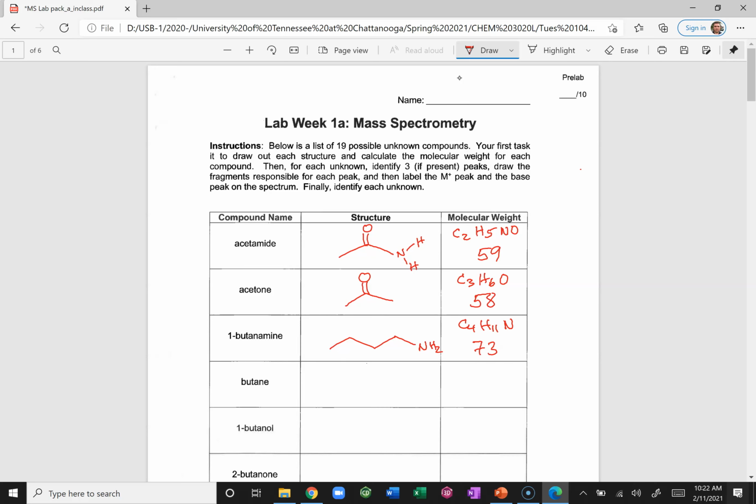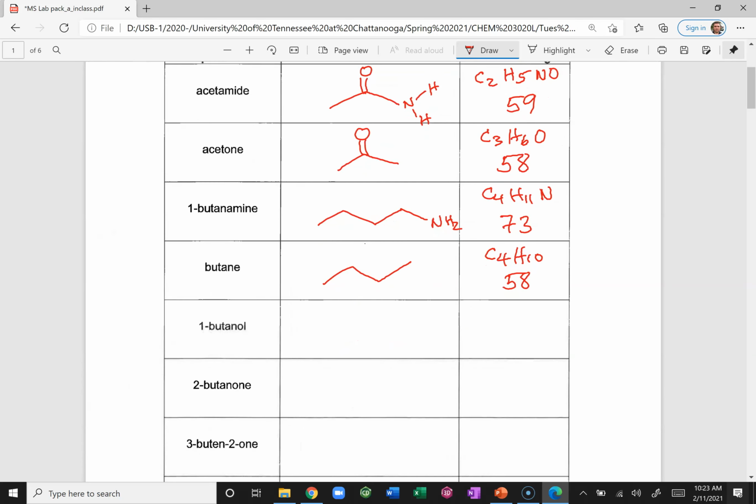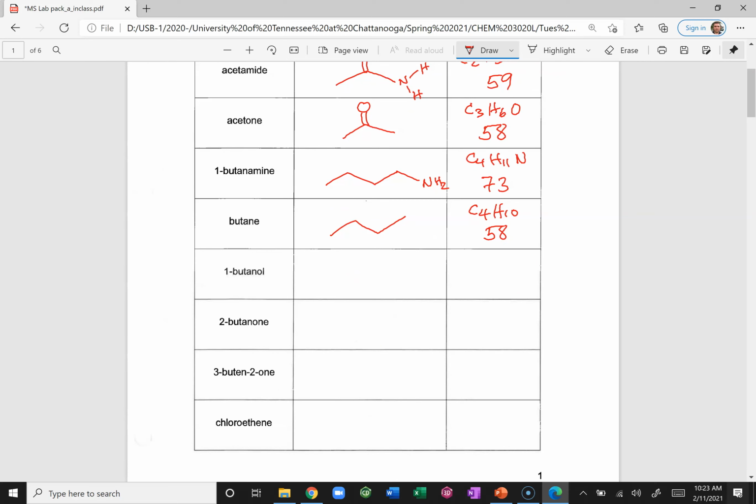It'll be an odd number. Butane is the mark of Zorro, right? So this would be C4H10 and has a mass of 58. So that's why I told you only do this once, and then just work on the mass specs.